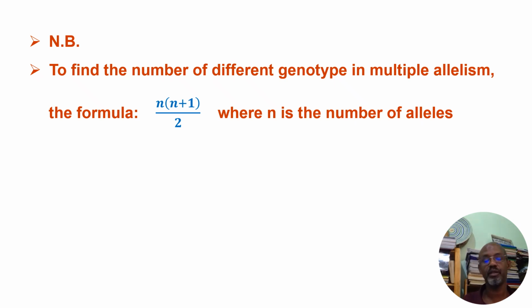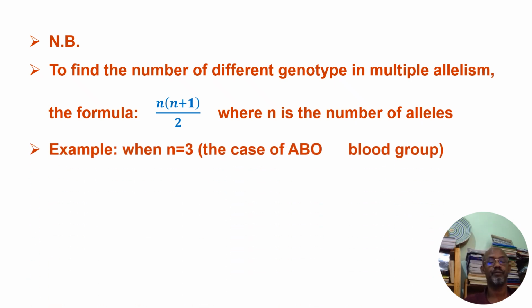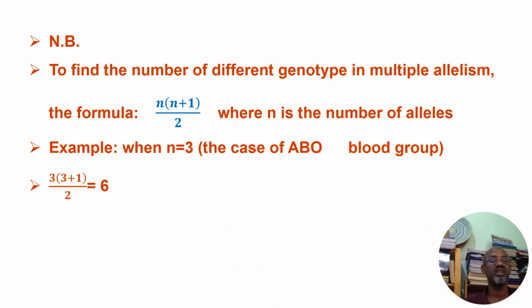Therefore, to get the number of different genotypes, this is the formula. For example, if you have 4 alleles determining one character, the number of possible genotypes will be 4 times 4 plus 1 over 2. That is 10 genotypes possible. This is the example of ABO blood grouping.